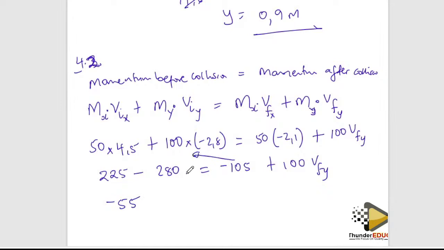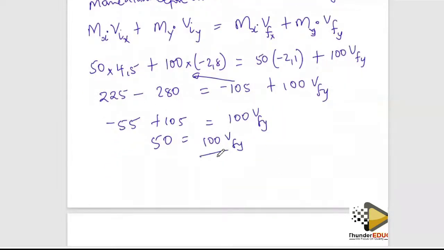When I move this to that side, it's going to be plus 105 is equal to 100 VFY. Minus 55 plus 105, I'm getting 50, is equal to 100 VFY. Then I'll divide both sides by 100, so the final velocity of Y is going to be 0.5. Okay, this is meters per second, and the direction is to the right.